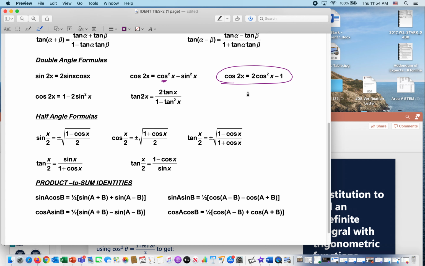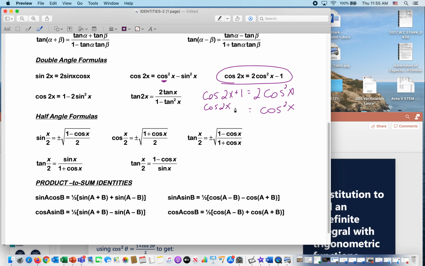So I can move the 1 over, so I'll have the cosine of 2x plus 1, because I've moved this over, and that's equal to 2 cosine squared of x. Now I can isolate cosine squared of x if I just divide all of this by 2.